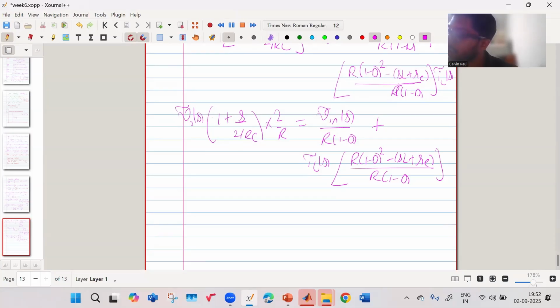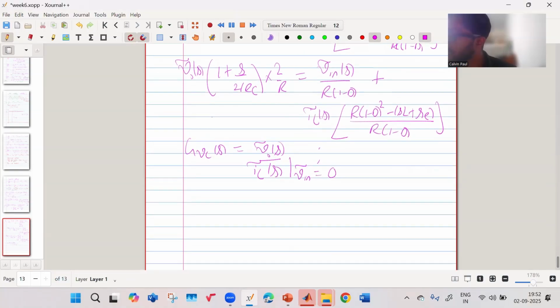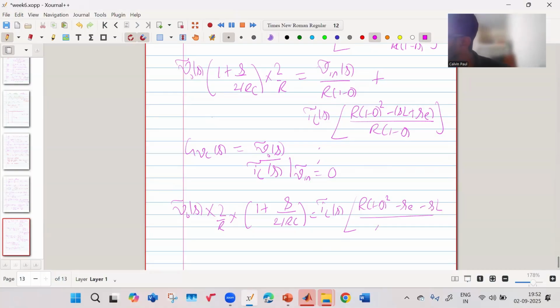If you want to find the control to output transfer function, that is GVC of S, that is V output per turb of S by IC per turb of S, then we have to set V in per turb to be equal to 0. So then what happens? You get V output per turb of S into 2 by R into 1 plus S upon 2 by RC, that is equal to IC per turb of S into R 1 minus D square minus RE minus SL upon R into 1 minus D square.